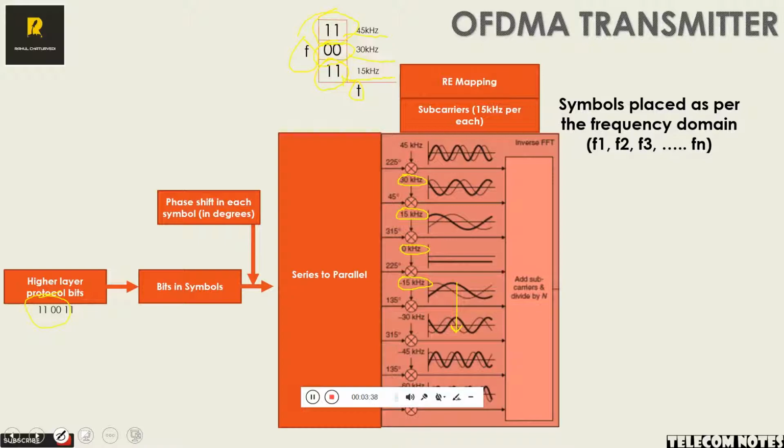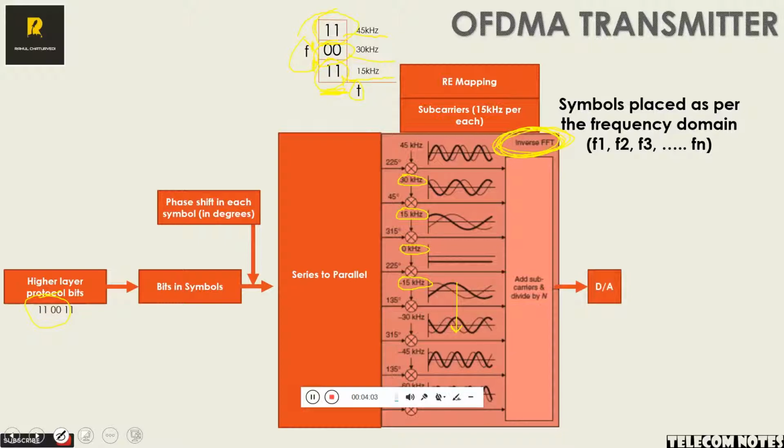So as you can see, at a particular time you can see different frequencies. That's what I have written here: symbols placed as per the frequency domain F1, F2, F3, and Fn, and so on. Now after that, we have done the inverse FFT.